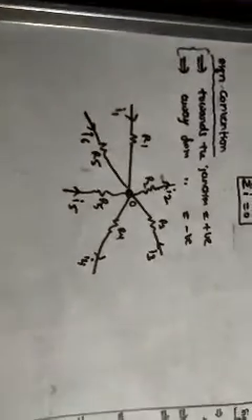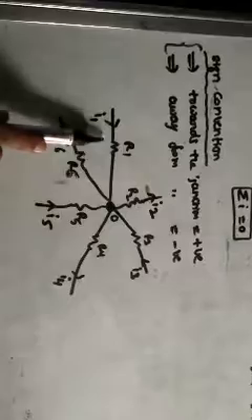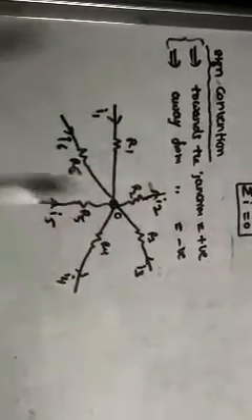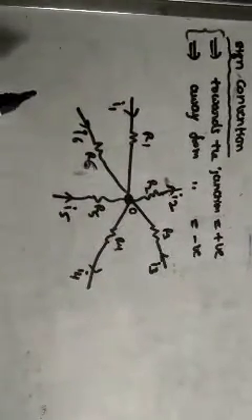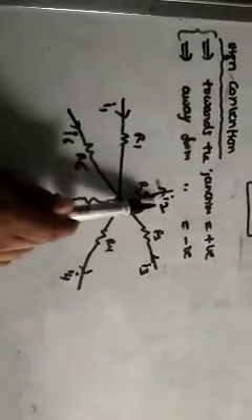So see this example here. Six resistors are meeting at the junction. Current flowing through R1 is I1, current flowing through R2 is I2, like this. If you notice the diagram properly, some currents are towards the junction, some are away from the junction. Apply these sign conventions here.